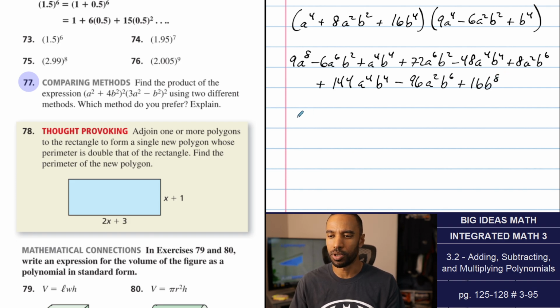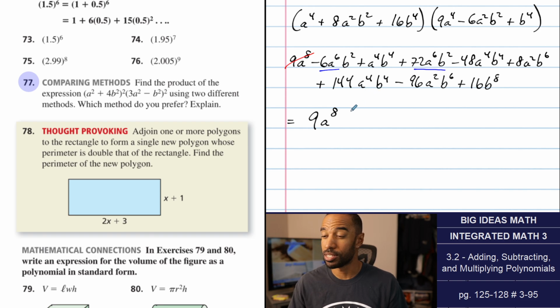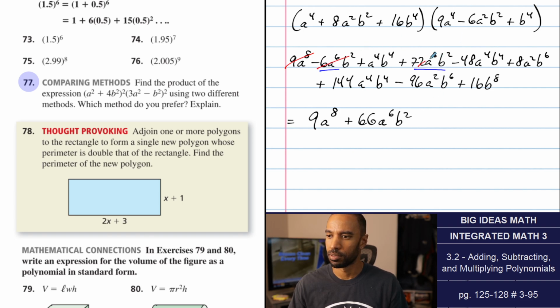Some of these look like they do combine. I'm not going to try standard form. Well, they are standard form, sort of. But 9a to the 8th. Let's get the a to the 6's now. Negative, let me cross some things out. Negative 6a to the 6th b squared. So I got one right here, here, and that's it. So that's 66 a to the 6th b squared. So get those out. Let's go to a to the 4th b to the 4th.